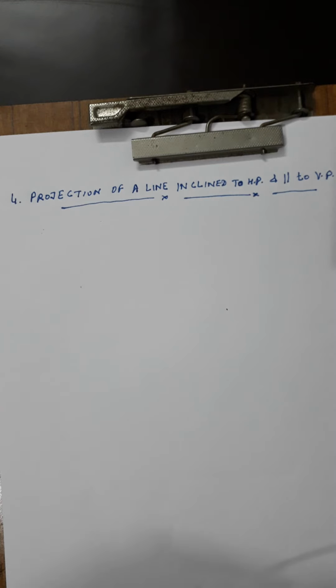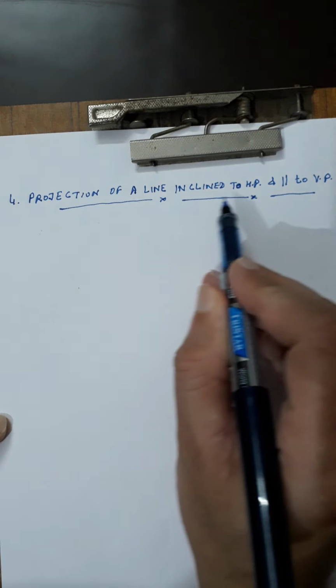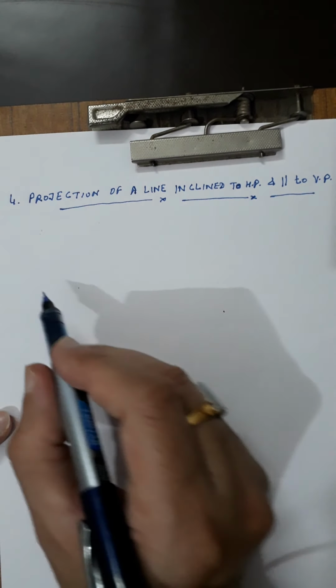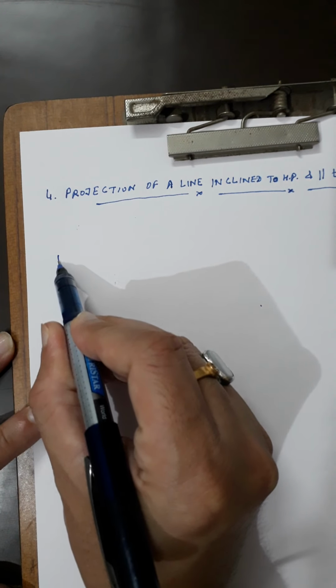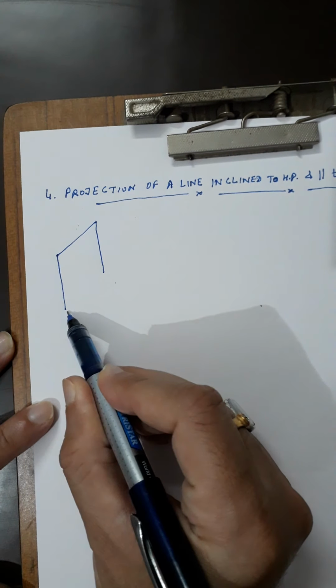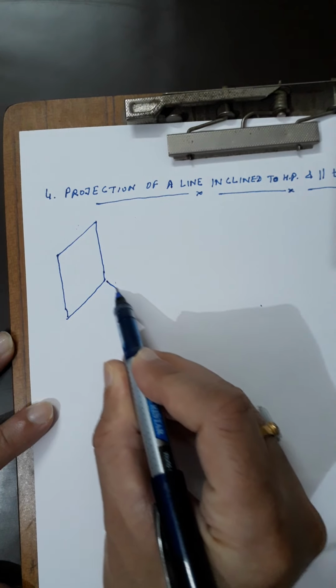Hello students. So in this lecture we will discuss the projection of the line inclined to the horizontal plane and parallel to the vertical plane. First I will again draw the pictorial view of this. So this is the vertical plane, and this is the horizontal plane.